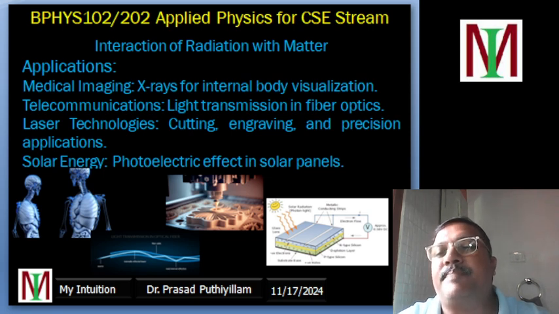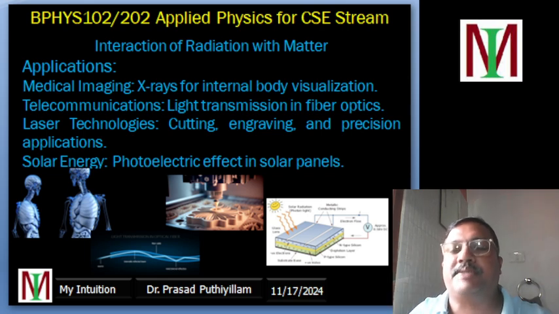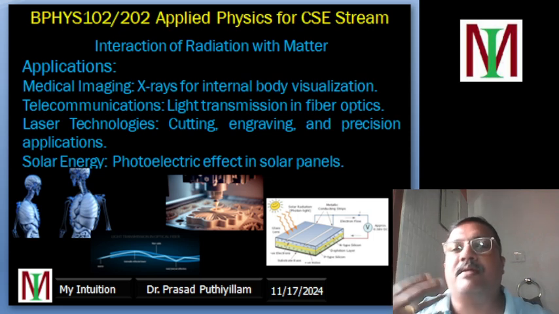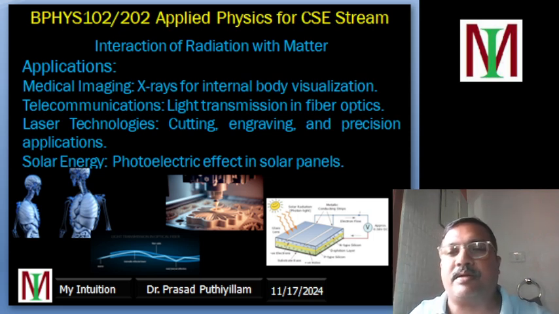When X-rays pass through the body, they are absorbed at different rates by different tissues. Because we know how much intensity of X-ray has been passed, how much comes back, and from whatever region it comes back, based on that we can create three-dimensional images.